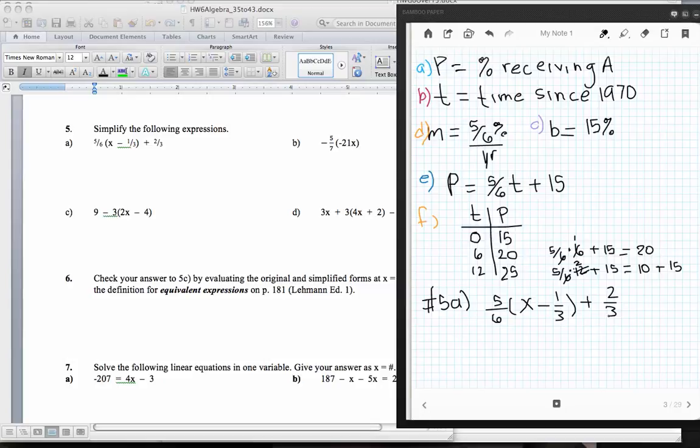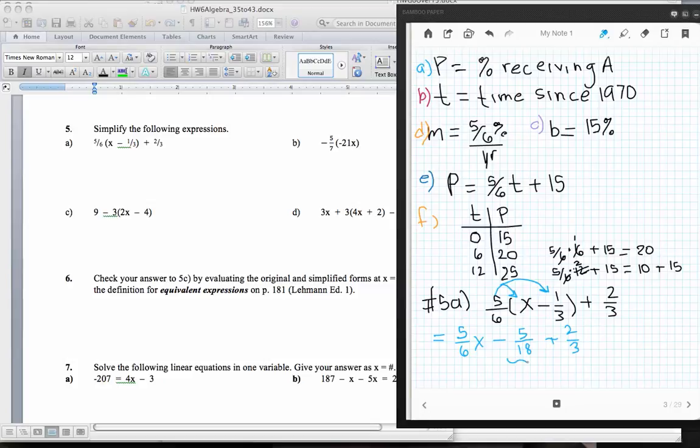Now this is an expression that we're simplifying, and so we're not going to be able to clear this of fractions, and that's one of the things that you might want to be aware of, is that we can't clear the expression of fractions. You can clear an equation, but you can't clear an expression. So we're going to get 5/6 times x, and then minus 5/6 times 1/3, multiply the numerators. 5 times 1 is 5, 6 times 3 is 18, and then we have plus 2/3.